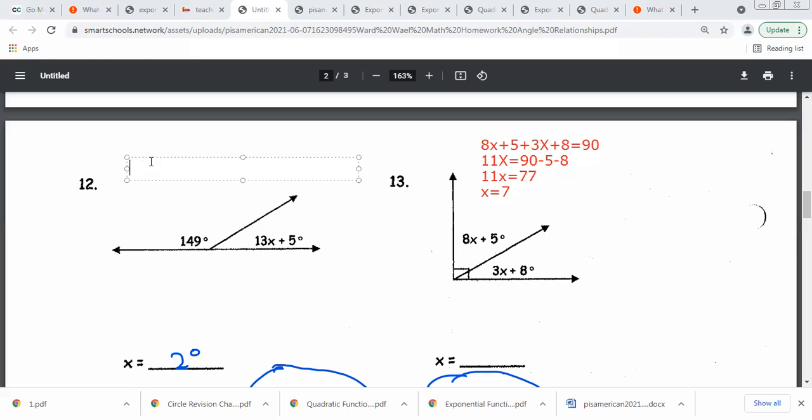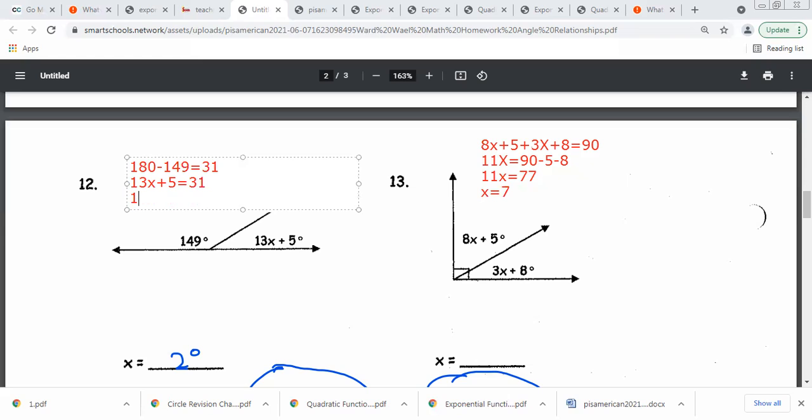If we go back to this one, their sum together equals 180. So we can answer this question in two different ways. We can do from the beginning 180 minus 149. The answer will be 31. And after that, we will make 13x plus 5 equal 31.